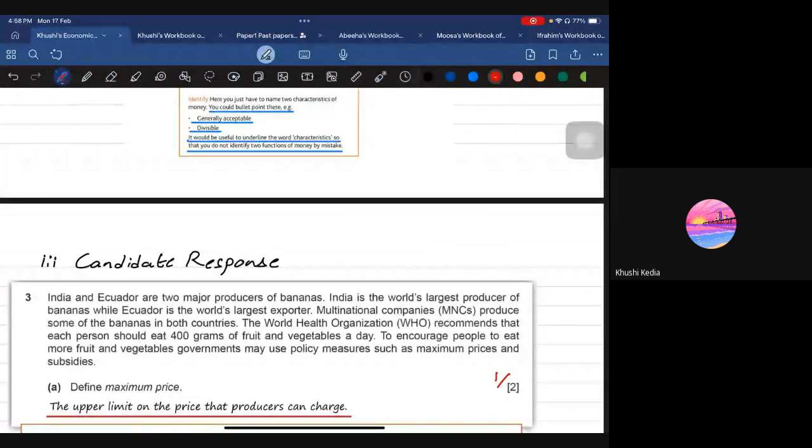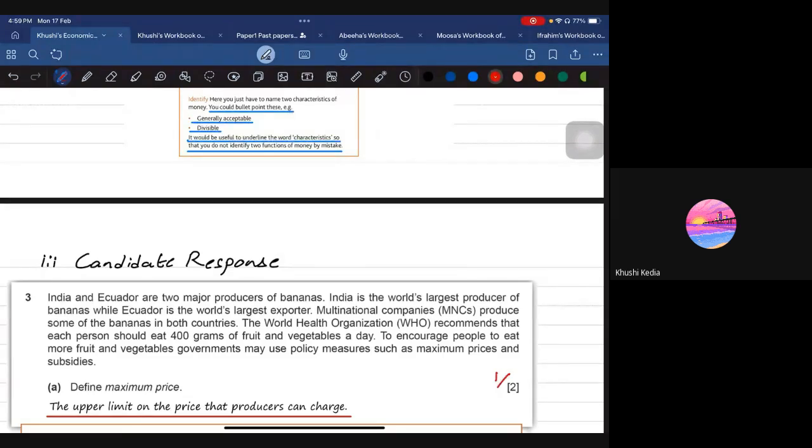He could have been a bit more specific, where he could have said maximum price is price which is generally set below the equilibrium price, and then talk about how that leads to shortage. He could also talk about who sets the limit on the price.